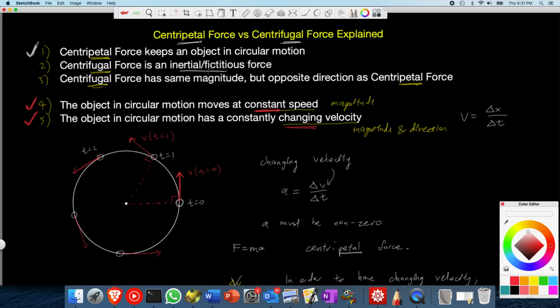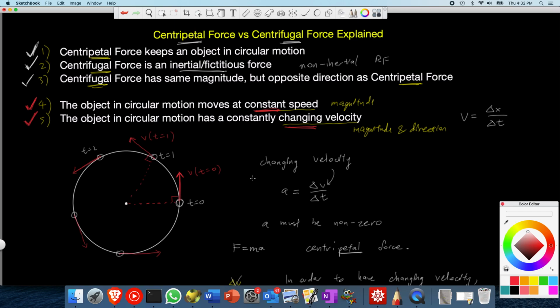It's a force that is a result of you being in a non-inertial reference frame. We have also covered that the centrifugal force has the same magnitude but opposite direction as the centripetal force. So in summary, I'll go over what we have gone through for centripetal and centrifugal force.